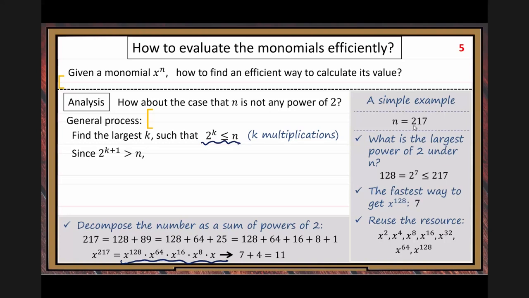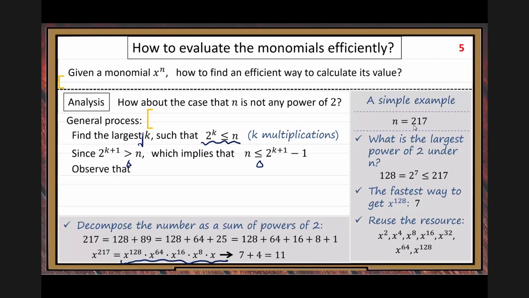Which implies that n is less than or equal to 2 to the k plus 1 minus 1. Because this is a strictly greater than sign, we can reduce that number by 1 to include the equal sign.